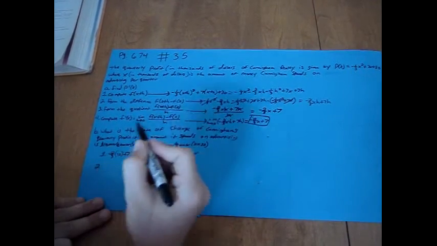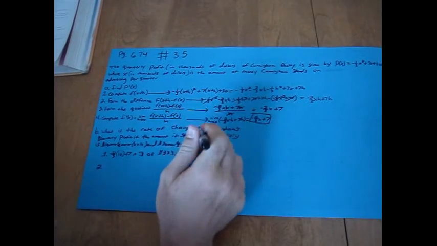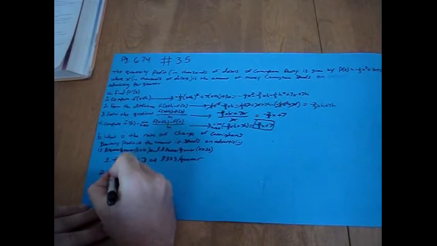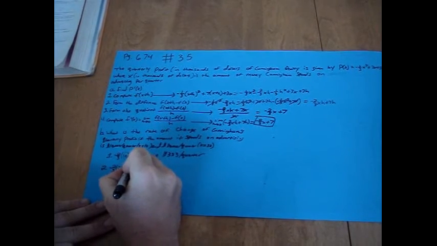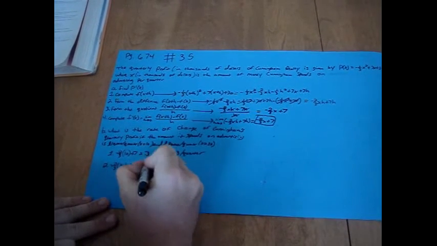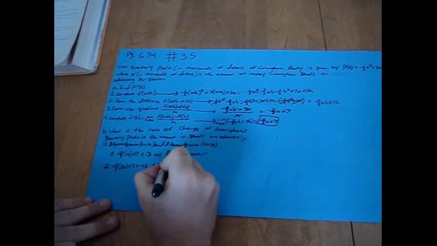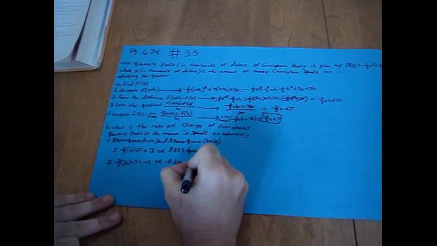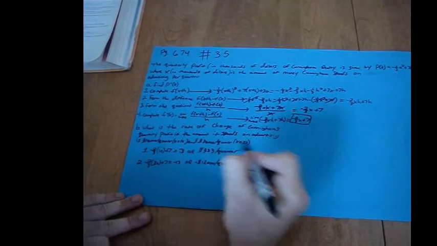And for the second part, you do the same thing. You take x equals 30 and plug it into the function, which equals negative 13, or negative $13,000 per quarter.